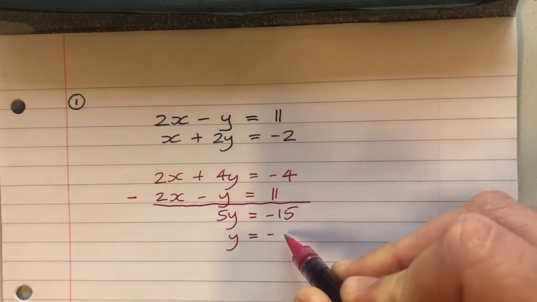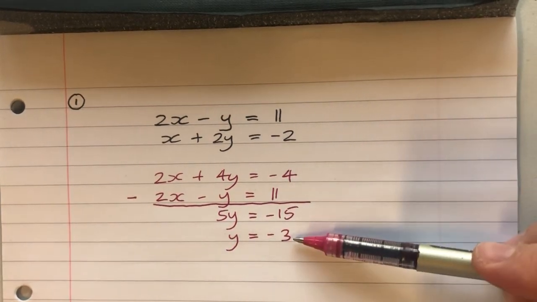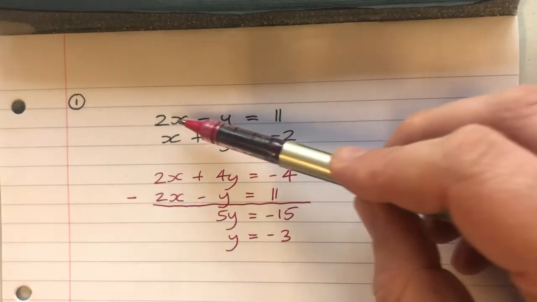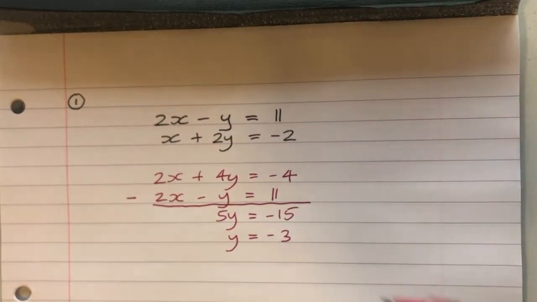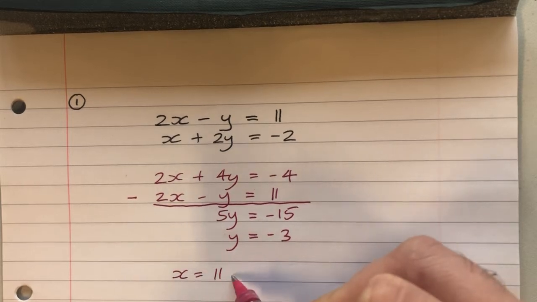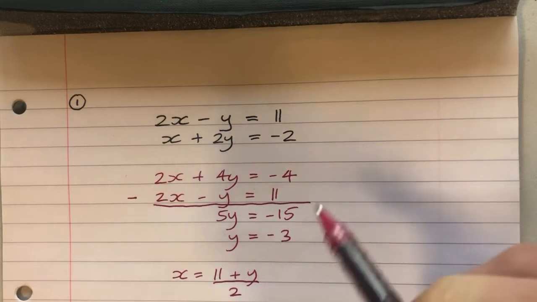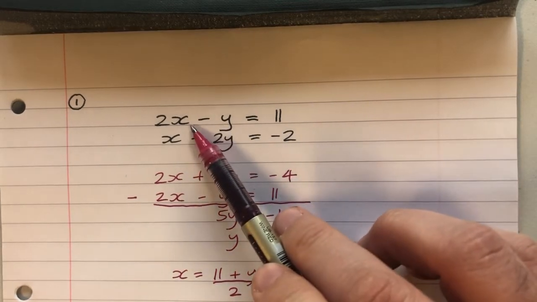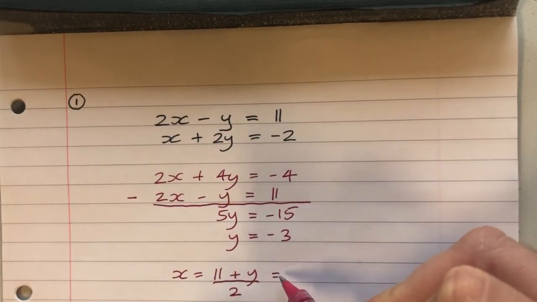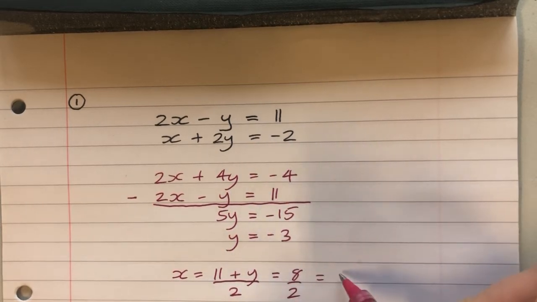I end up with y is minus 3. And now if I take that definition of y and plug it back into either one of these, I can obtain x. So x is (11 plus y) divided by 2. That's making x the subject of this one. But I know that y is minus 3, so it's going to be 8 divided by 2, which is 4.